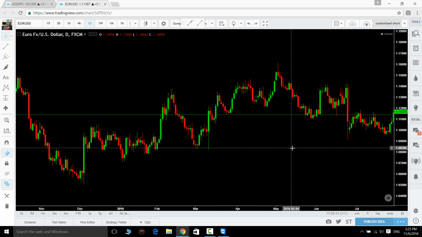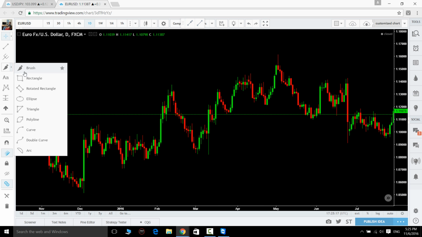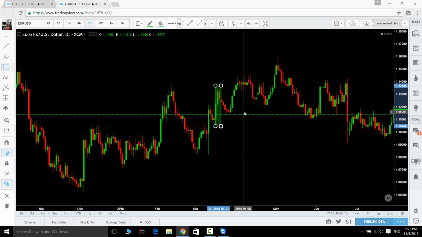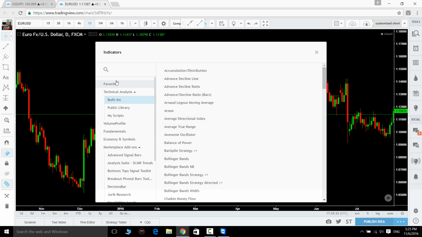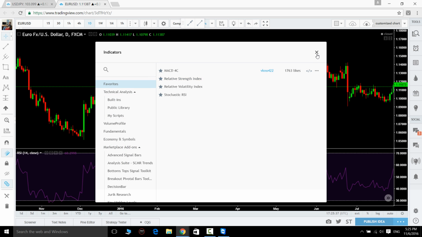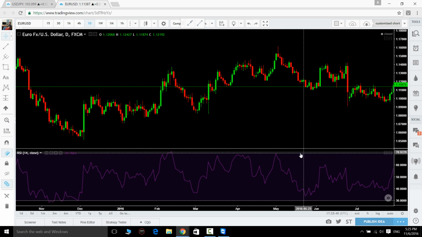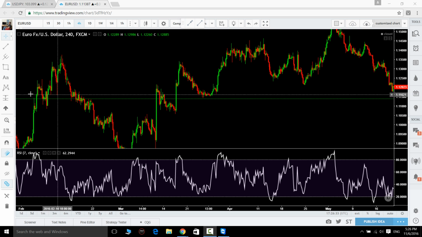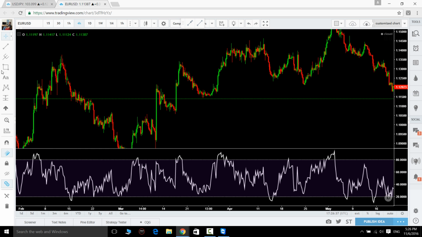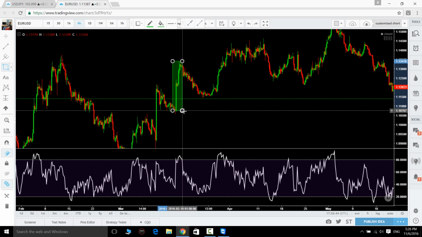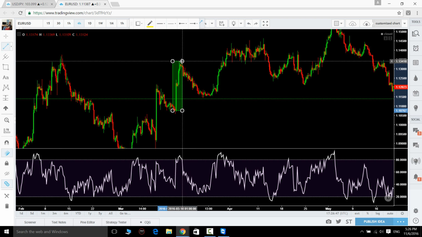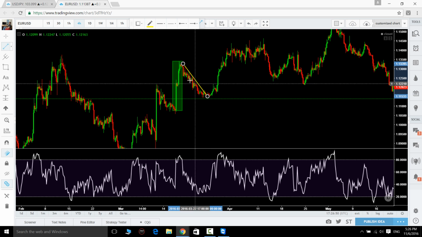So we can see that price was rising with a strong impulse. Okay, so here we have an example, and we are using RSI as our indicator. A really strong impulse, and price is just correcting against the impulse.